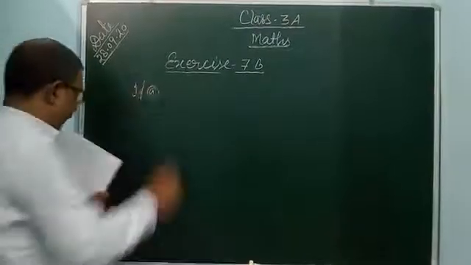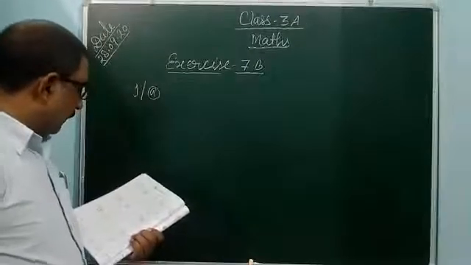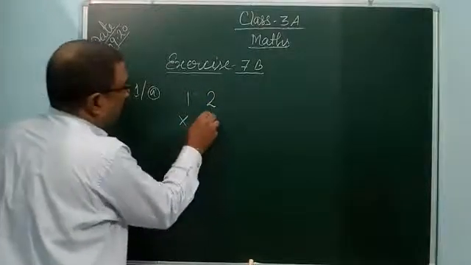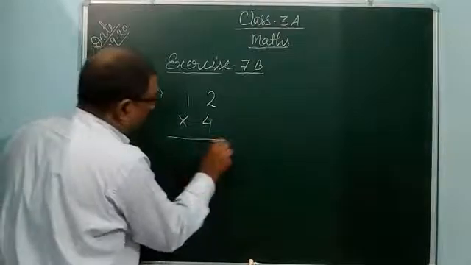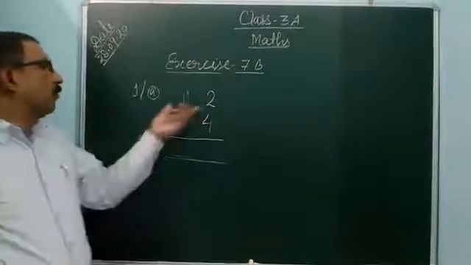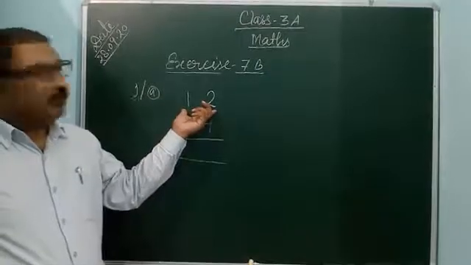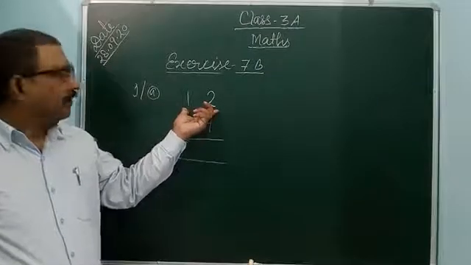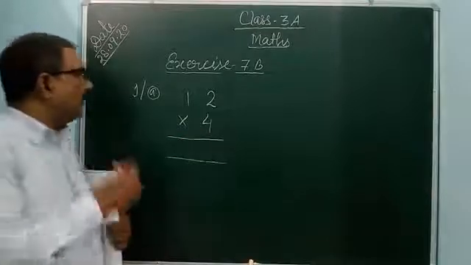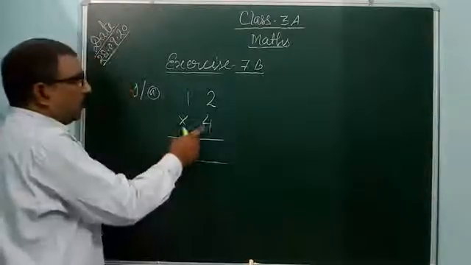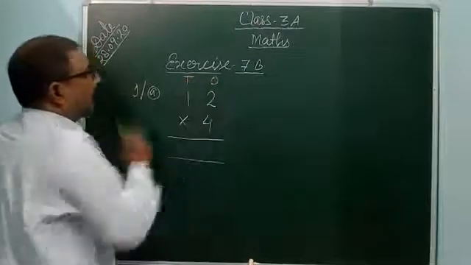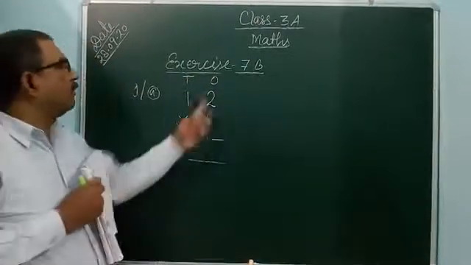A. 12 multiplied by 4. 12 is a two digit number and it is multiplied by the one digit number 4. Firstly, you multiply 4 with ones.